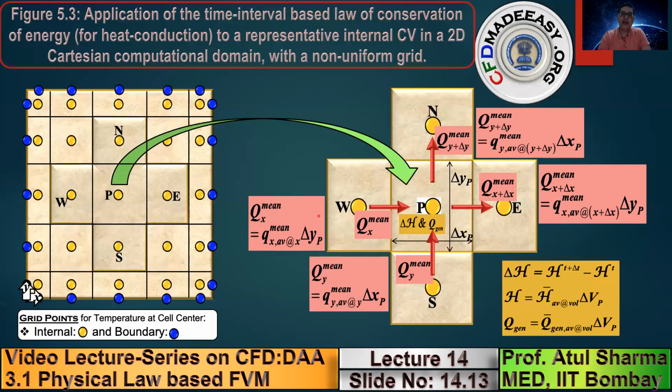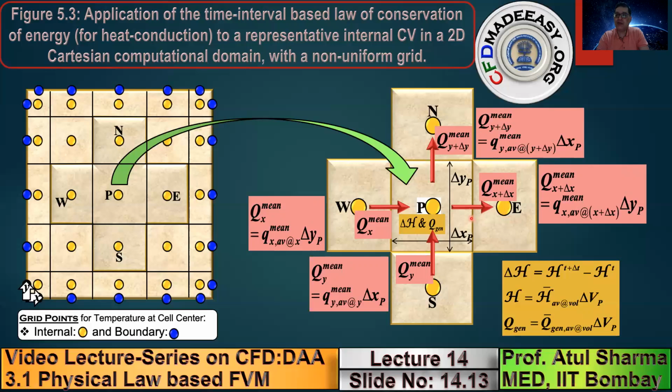So here this is Qx, the rate of heat transfer on surface X, this is the rate of heat transfer on X plus delta X, this is at Y, this is at Y plus delta Y. So for the volumetric term, I have expressed the per unit volume term by volume average multiplied by delta volume of the control volume. For the rate of heat transfer on various surfaces, I am expressing it as a conduction flux.